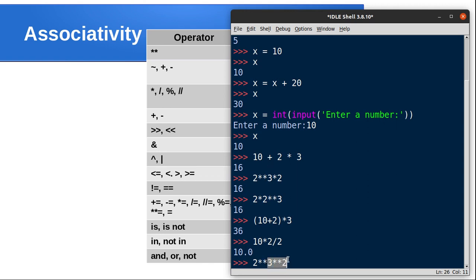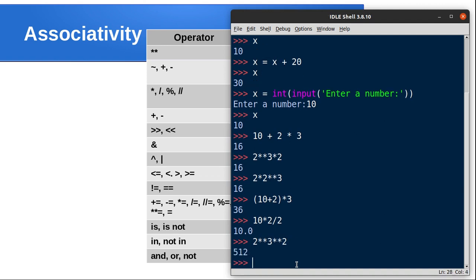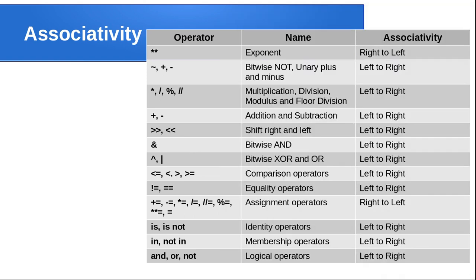So 3 to the power of 2, followed by 2 to the power of that answer. Let's check the answer. It is 512, because 3 to the power of 2 is 9 and 2 to the power of 9 is 512. This is because of the right to left associativity.